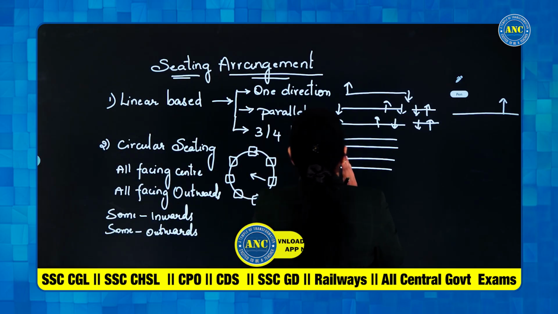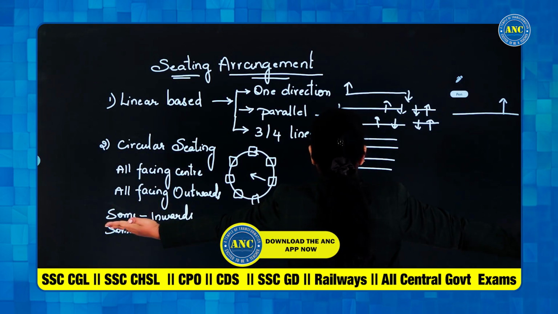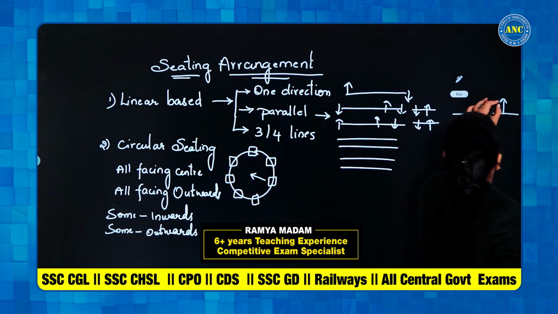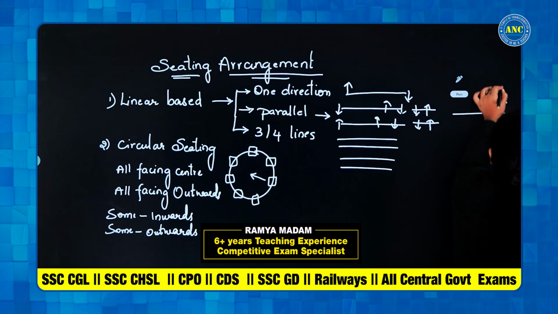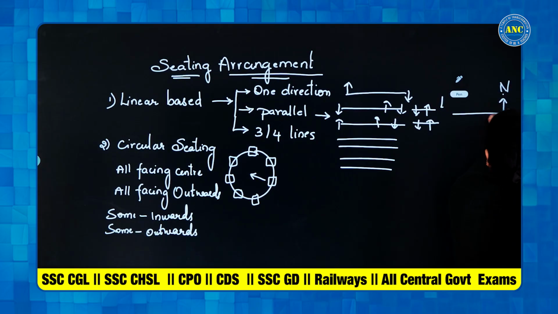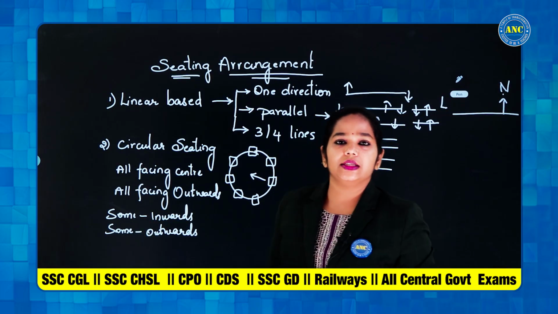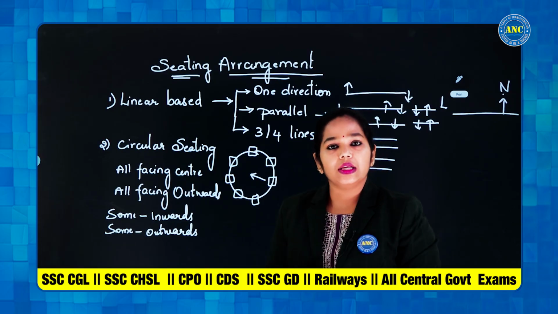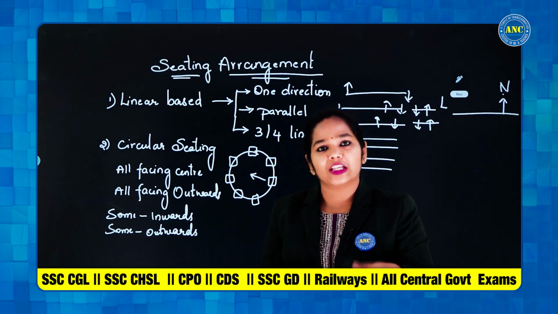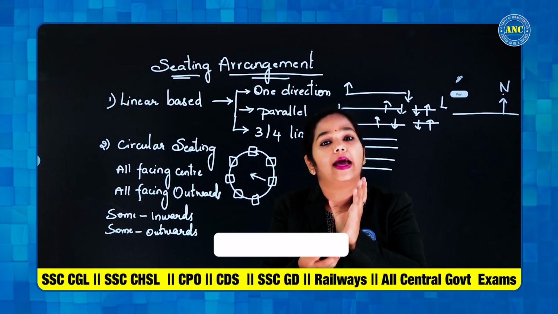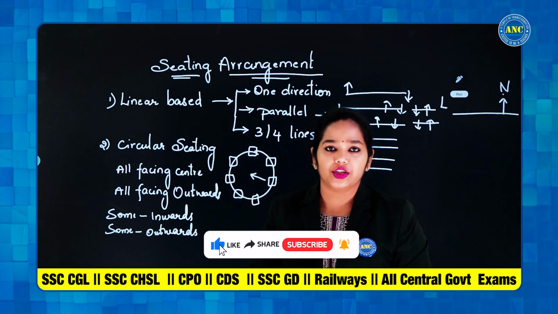When I am facing north, this is my left, this is my right. Direction is very important in seating arrangement, because questions will be given based on that direction only. So, you have to definitely analyze the direction of the person, in which direction he is facing.